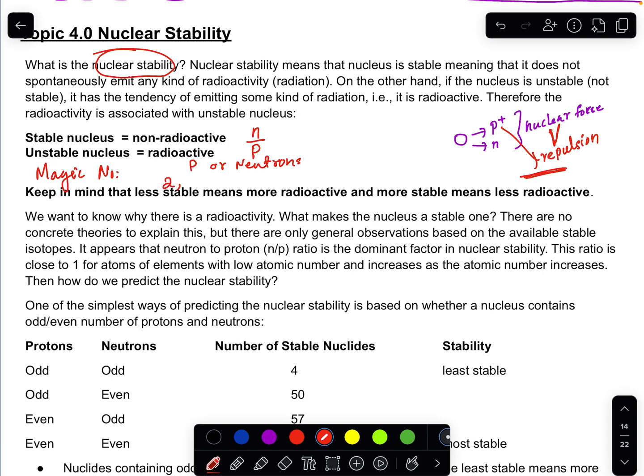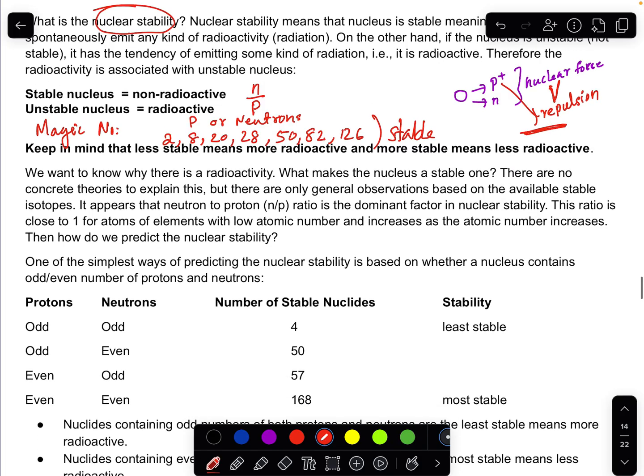The numbers are 2, 8, 20, 28, 50, 82 and 126. If you have these many protons or these many neutrons, those atoms will be highly stable.